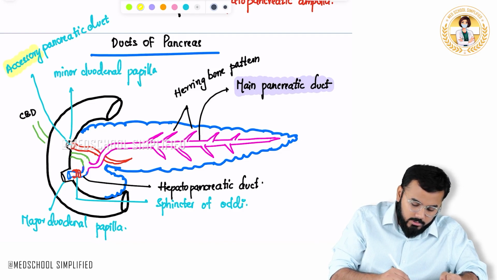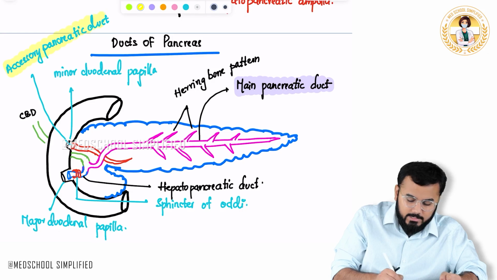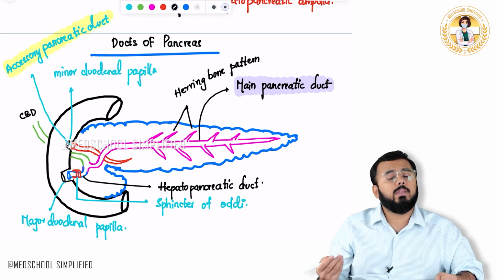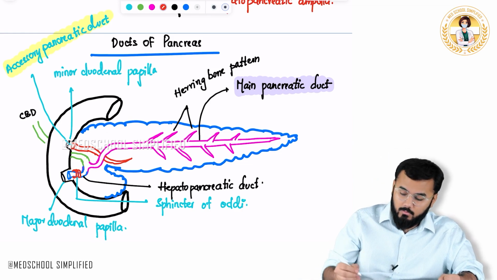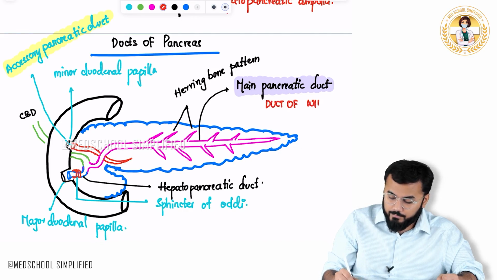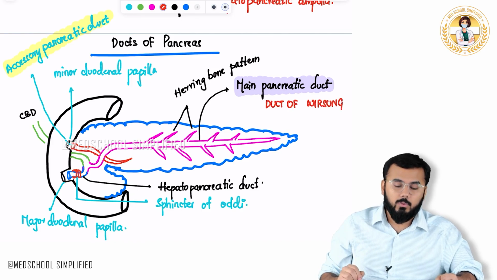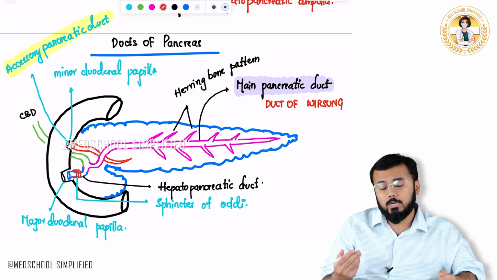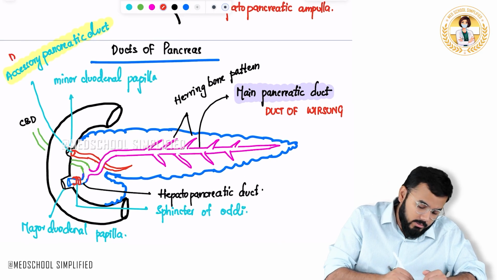This main pancreatic duct is given another name, and that is the duct of Wirsung. In the same way, the accessory pancreatic duct is given another name, the duct of Santorini.